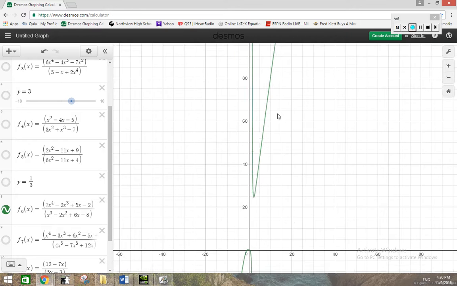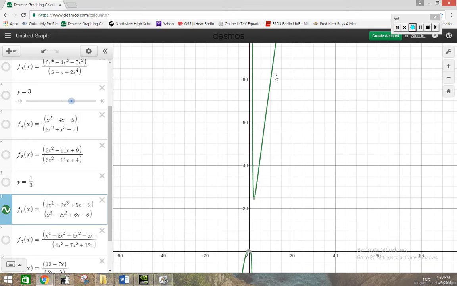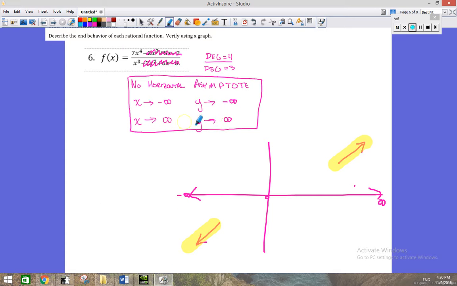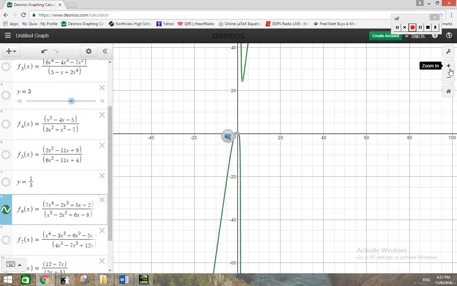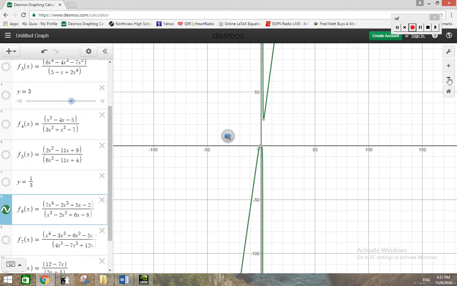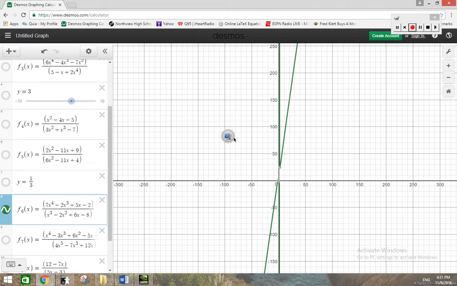There's this portion of the graph, this line right here, as x is going to positive infinity, so is y. And when it's going negative, let's look at it again, going down, you see this right here. So let's zoom out a little bit further so we can see that better. So you do have to have the right window of the graph.